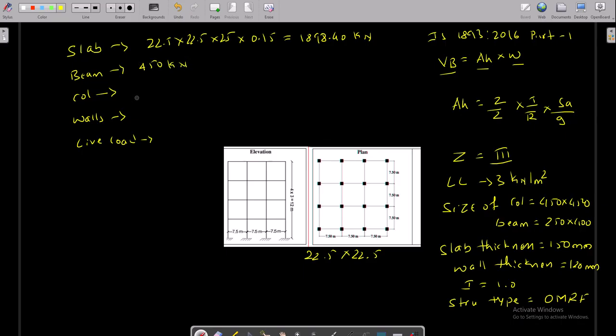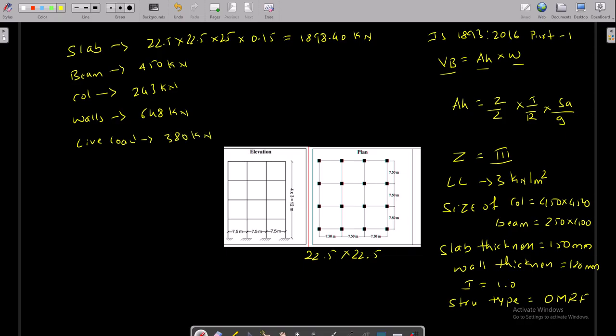And for the column it comes out to be 243 kilonewton, and for the walls it comes out to be 648 kilonewton. So for live load, 25% is to be considered, since it is 3 kilonewton load, it is 380 kilonewton, right?